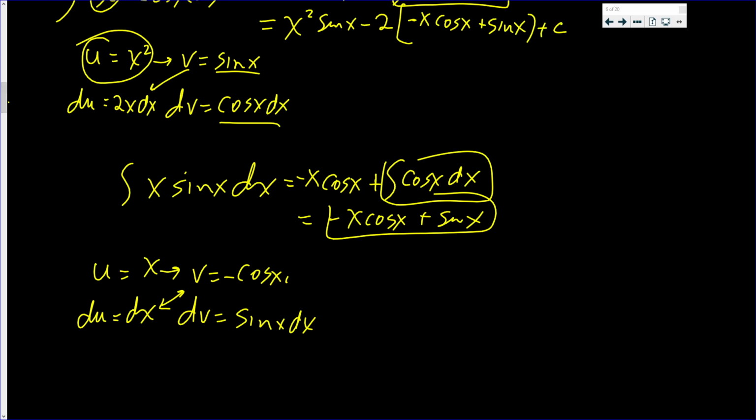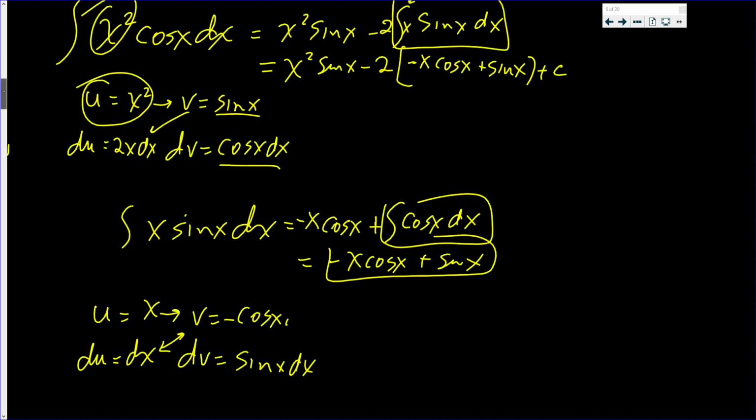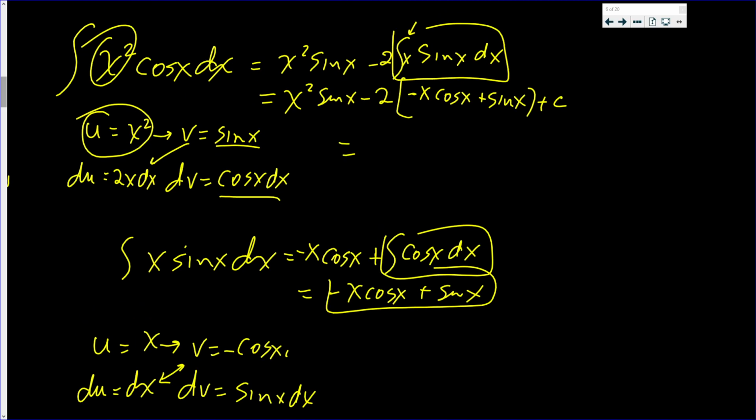So let's clean this up a little bit, distribute the 2, combine like terms. We have x squared sine x plus 2x cosine x minus 2 sine x plus c. And there is your answer. Notice we had to do integration by parts twice because this was 2.